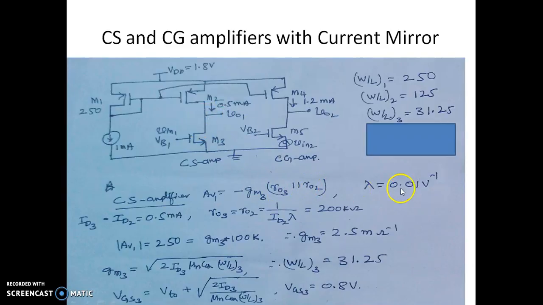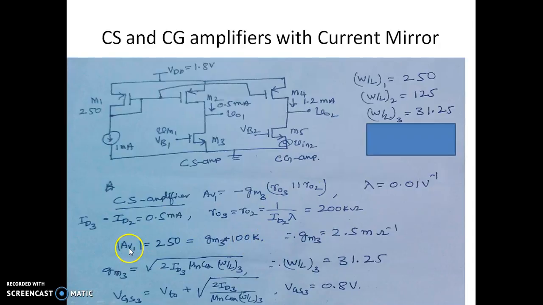Since we assume the value of lambda to be 0.01 and the current flowing through the CS amplifier is 0.5 milliamperes, r03 and r02 can be estimated using the equation 1 over ID2 into lambda. It is 200 kilo ohms. So r03 in parallel with r02, which is 200k in parallel with 200k, becomes 100k.